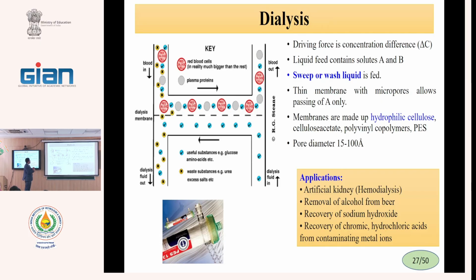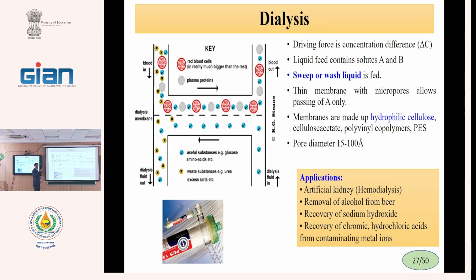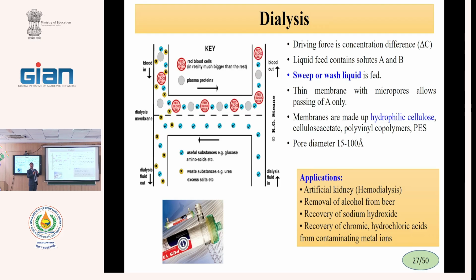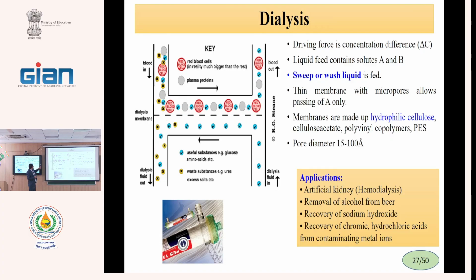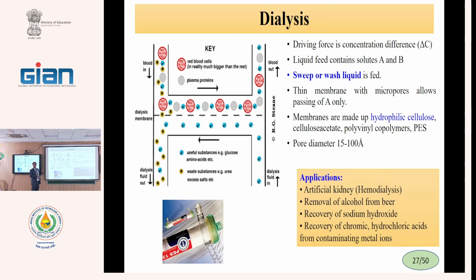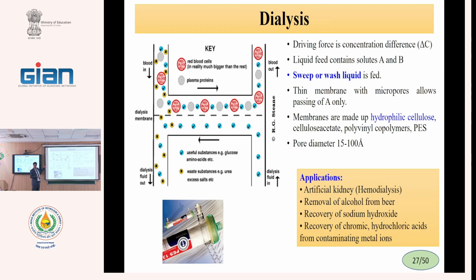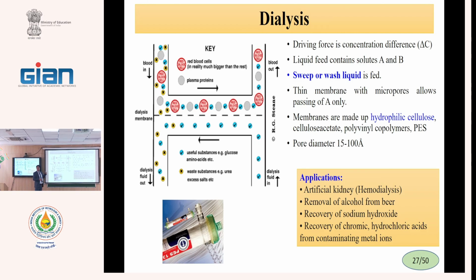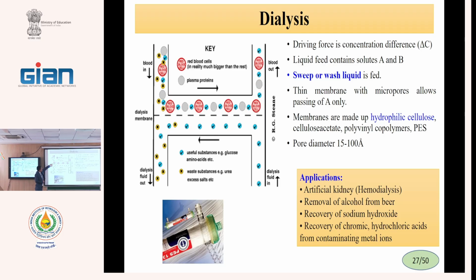Why? Because we have these molecules on the permeate side. In MF and UF, on the permeate side we have only air, no solution. But in dialysis, on the permeate side we have a flow of receiver liquid. On both the feed side and permeate side, we have a fluid.